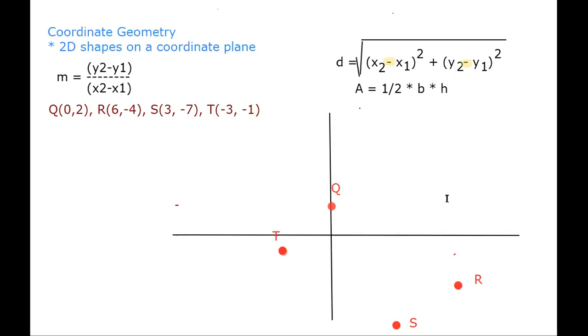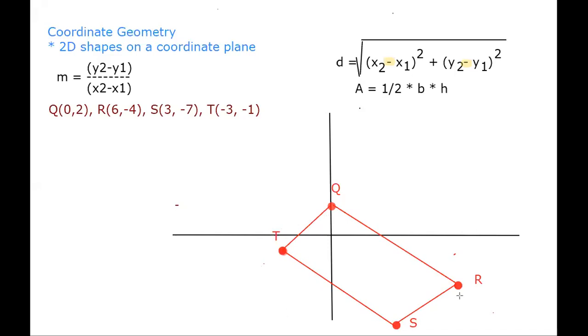All right, if this was a rectangle, then we would know QT would be perpendicular to ST, and we would know ST would be perpendicular to SR, and we would know QR would be parallel to ST if it were a rectangle. And then, of course, QT and SR would be parallel.